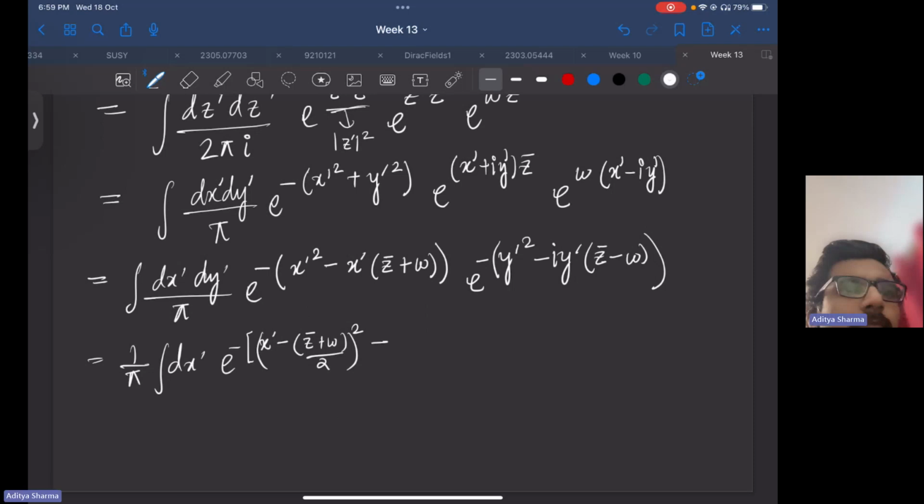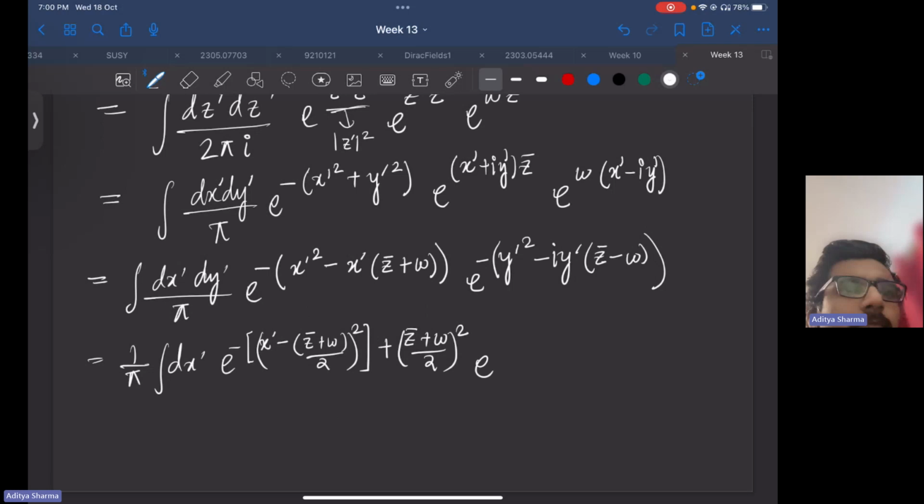x prime minus 2xy plus y squared by 4, so we need a minus and this we get a plus. So we have plus x prime plus omega by 2 whole square.